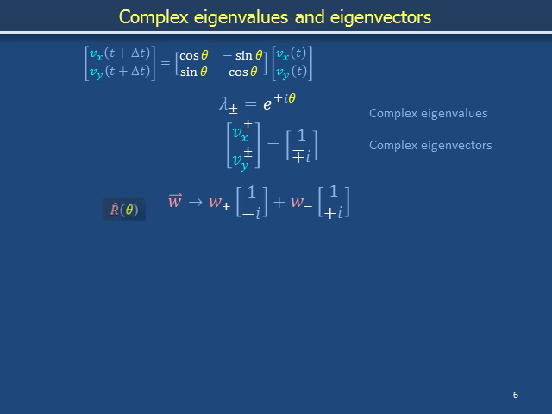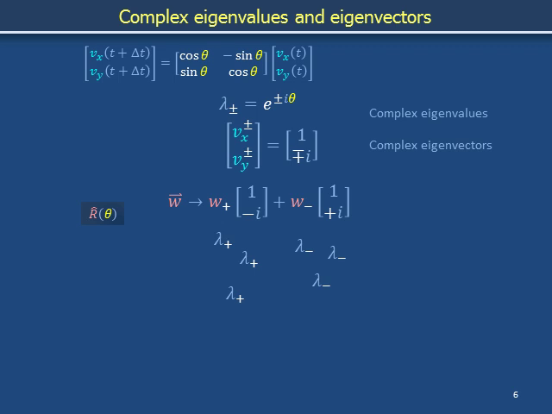Hitting vector w with the rotation operator r hat multiple times corresponds to hitting the column vector representation of vector w with the corresponding rotation matrix the same number of times, which corresponds to hitting the individual pieces of the column vector representation with the rotation matrix multiple times and tickling out multiplicative factors of the eigenvalues lambda plus and lambda minus. This process resembles shaking fruit from a tree.